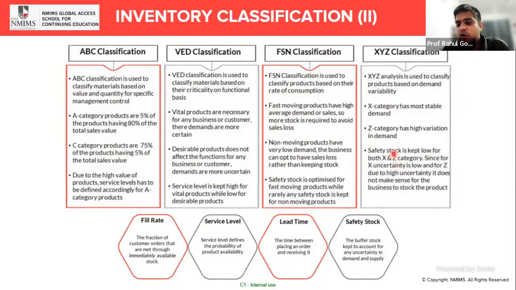Safety stock is kept low for both X and Z category. X we know because the uncertainty is low, and Z because uncertainty is so high that it really makes no sense to keep high inventory, because you don't know which way the tables are going to turn. Hence each of these classifications helps you take certain decisions around your safety stock and around the service levels that you want to keep.